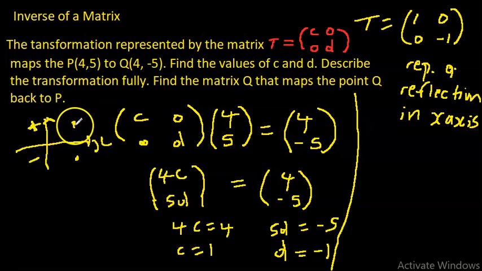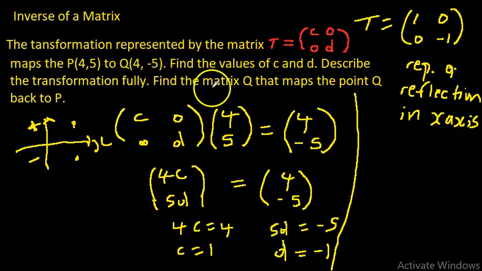The x coordinate remains unchanged, but the y coordinate becomes negative. So that's what's happening there, an x-axis reflection. That's the description of the transformation.